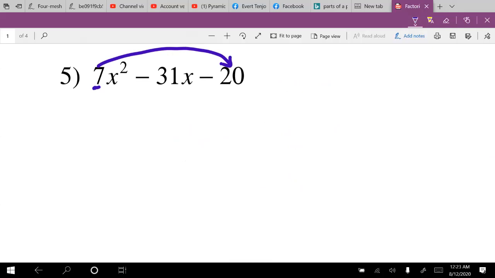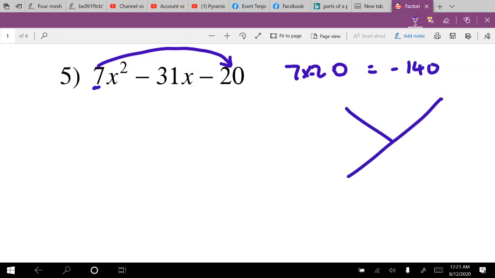We're gonna multiply 7 times negative 20, which is negative 140. So we're trying to find two factors of negative 140 that will give us negative 31.